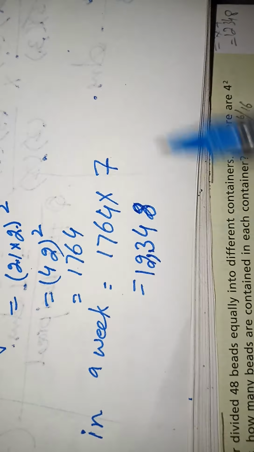Now come to question number 14. A collector divides 48 beads equally into different containers. A collector is going to divide 48 beads equally into different containers. If there are 4 raised to power 2 containers, how many beads are contained in each container?